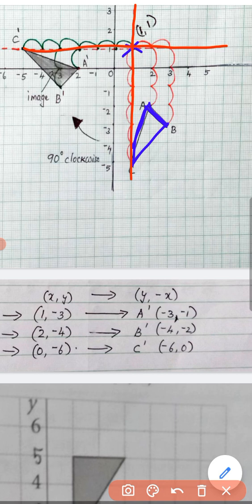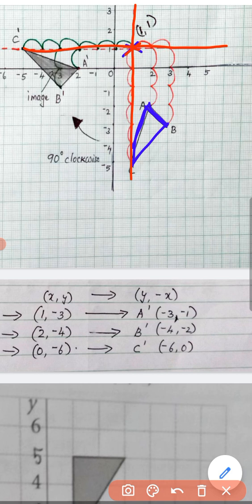Here we are imagining this point as our origin, and draw the x-axis and y-axis through the origin. The new origin is (1, 1).